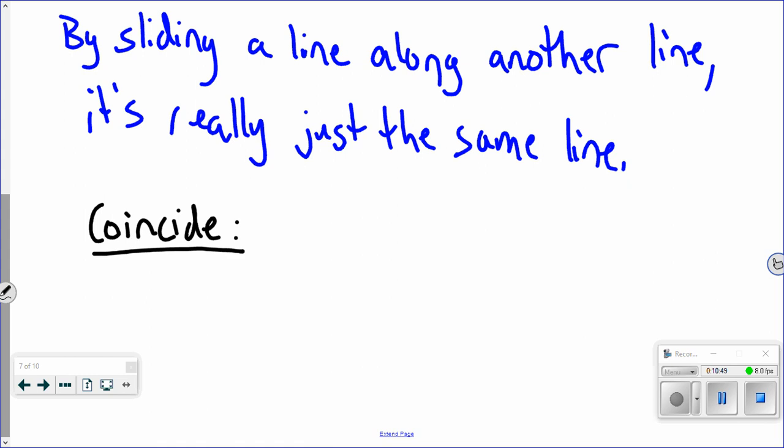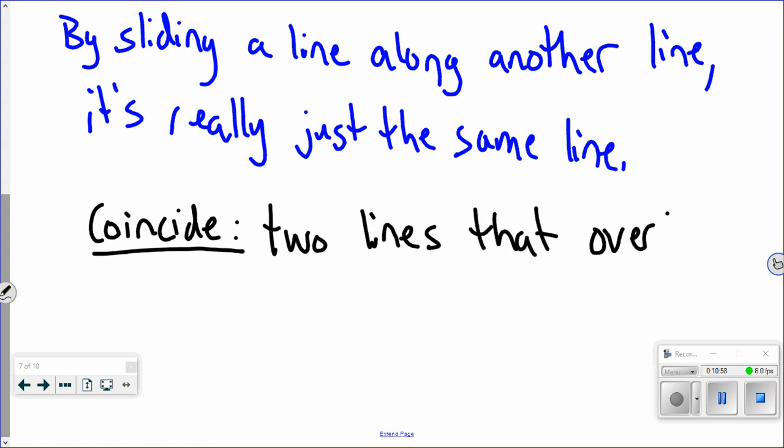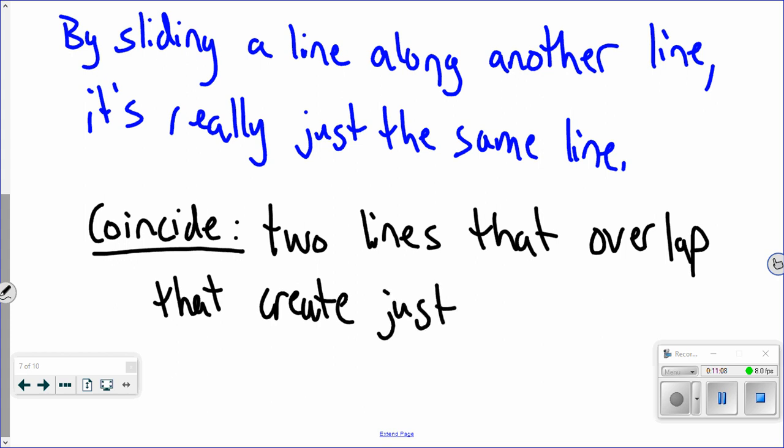Which means there are two lines that overlap that create just one line.